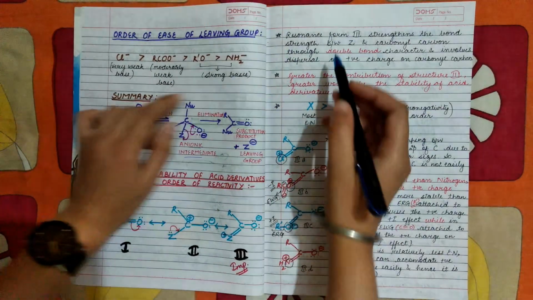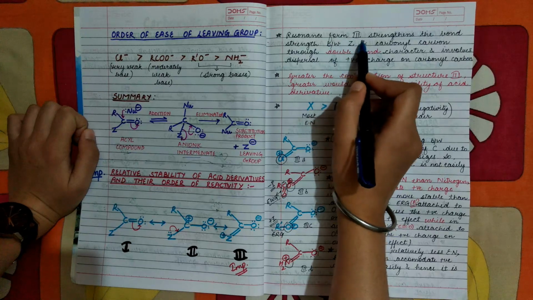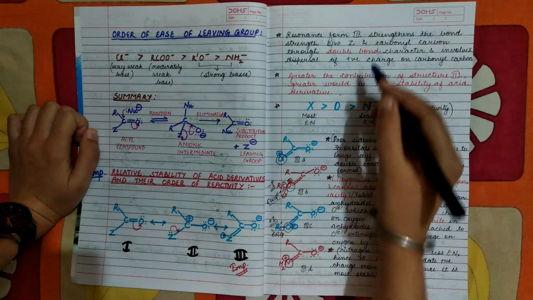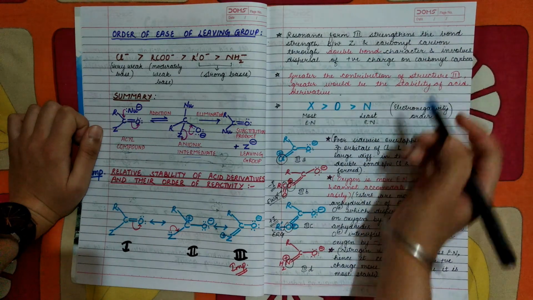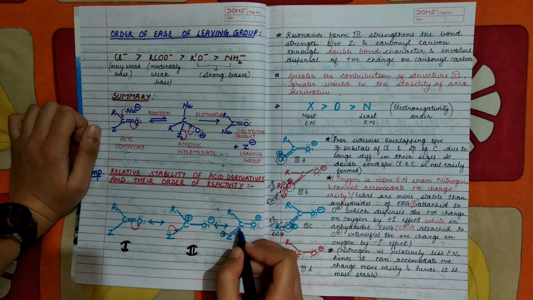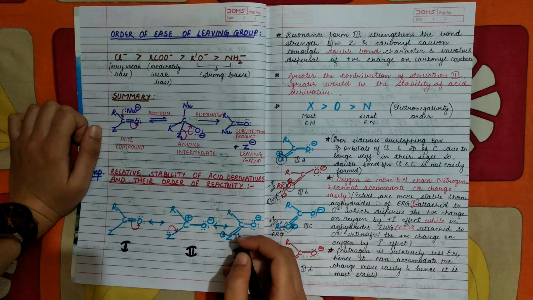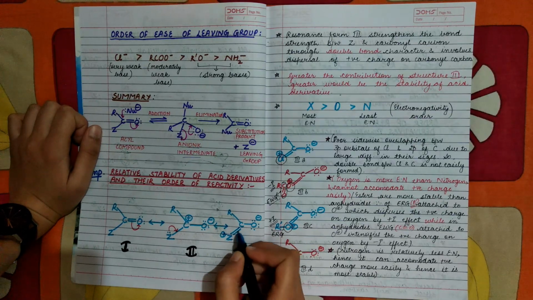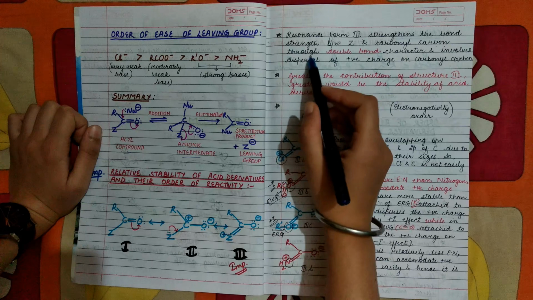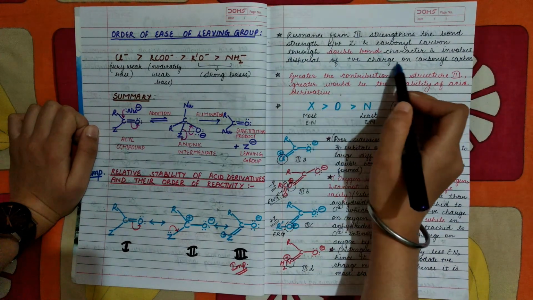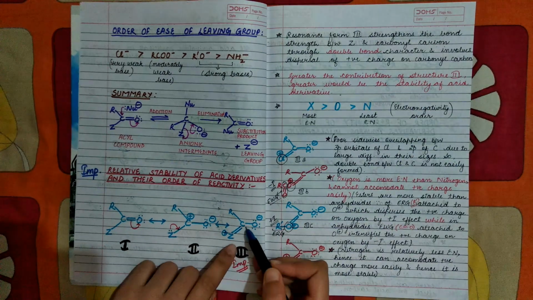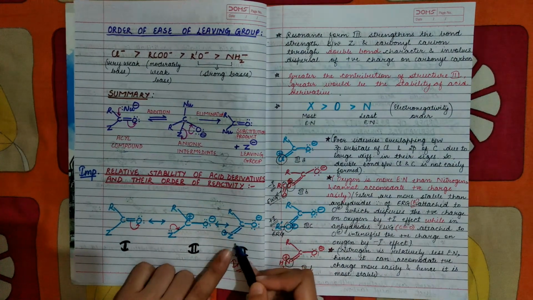Resonance form 3 strengthens the bond strength between Z and the carbonyl carbon. It strengthens the bond between this carbon and this Z group, because it attains double bond character and involves dispersal of positive charge on the carbonyl carbon, because positive charge is gained by the Z group now.